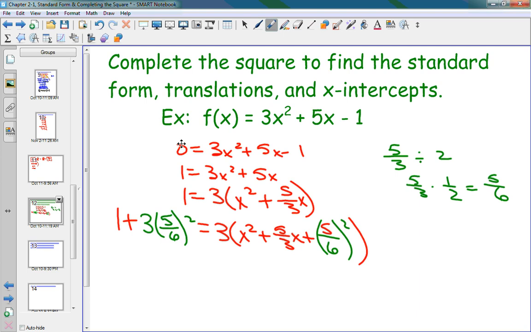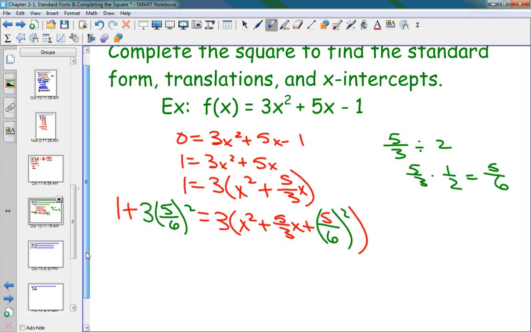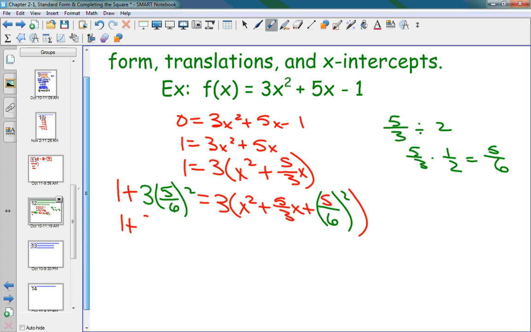Do we all see that, yes or no? Okay? So that's going to be 1 plus 3 times 25/36 is equal to 3. What do those 3 terms turn into? Remember the shortcut yesterday? You already did the work. It's already over there.